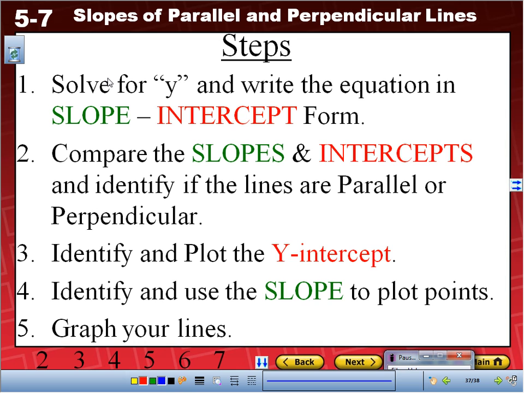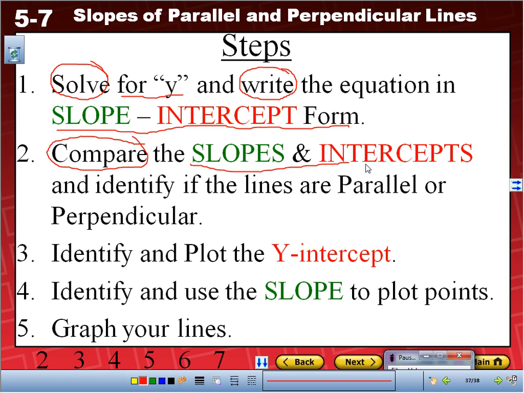I want you to circle the words on the first step, solve for y, and write slope-intercept form. Step 2, compare slopes and intercepts, and circle the word identify, parallel, or perpendicular.